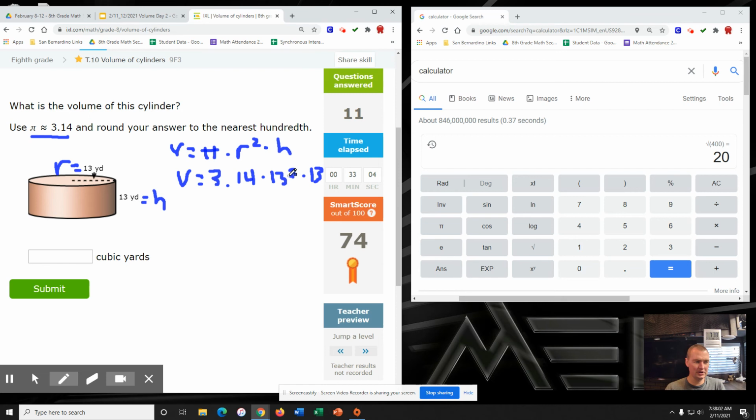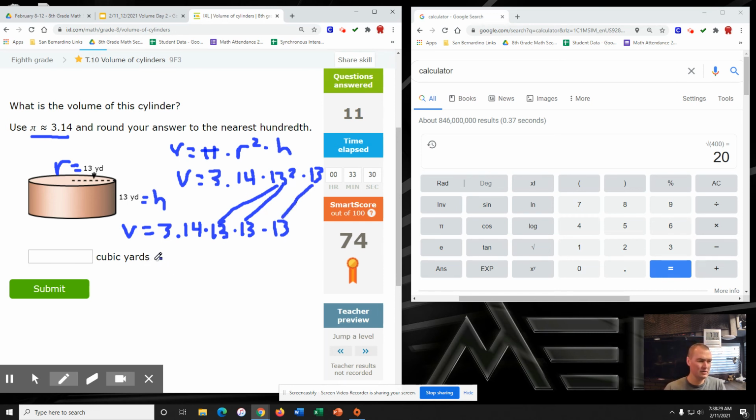What I want to do is branch out the 13 twice for the r squared, so I'm going to go ahead and cut a slide over here. So I got volume equals 3.14 times 13 twice, 13 times 13, and the last 13 there. So why do we have 3 13s? Because it's 13 times 13 there, and the height of 13 is that 13 right there.